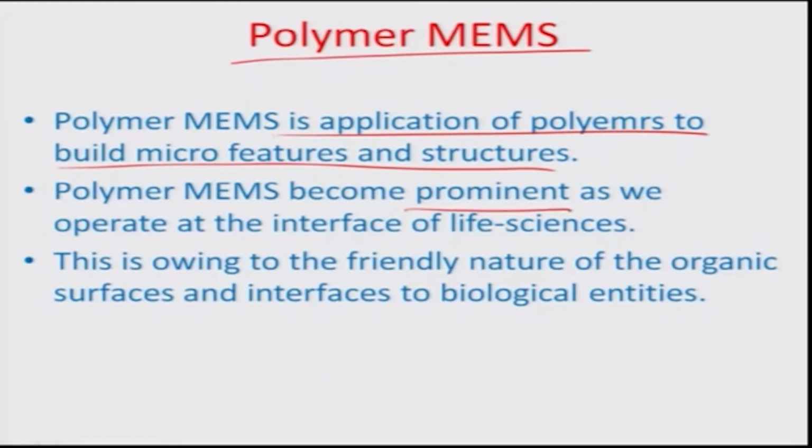and basically it's become very prominent because you operate these devices mostly nowadays at the interface of life sciences, and all these living cells or all these biological systems which are living tend to be very happy in sort of an organic environment, and silicon by itself has to be modified quite a bit in its surface to accommodate living forms, which would be able to give signals, and MEMS devices could eventually be used to record those signals, which is the basic application to understand biology of things which are happening at a very small scale.